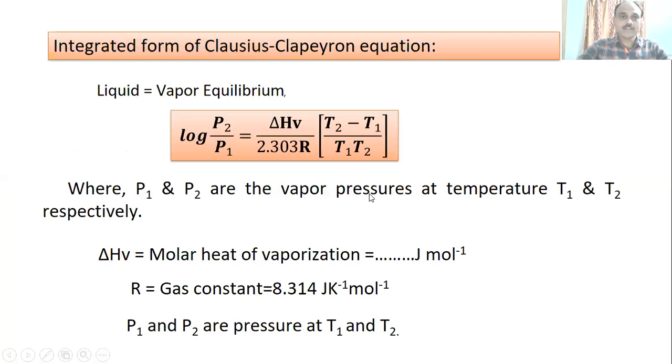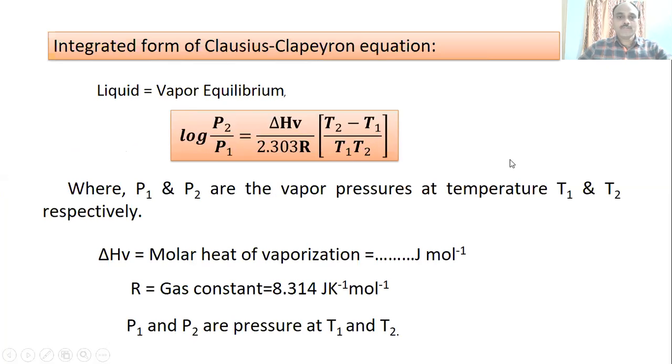Yes. Then the above equation can be integrated, and the integrated form of the Clausius-Clapeyron equation can be written for the liquid to vapor process as log P2 by P1 equal to delta HV by 2.303 R into (T2 minus T1) divided by (T1 into T2).